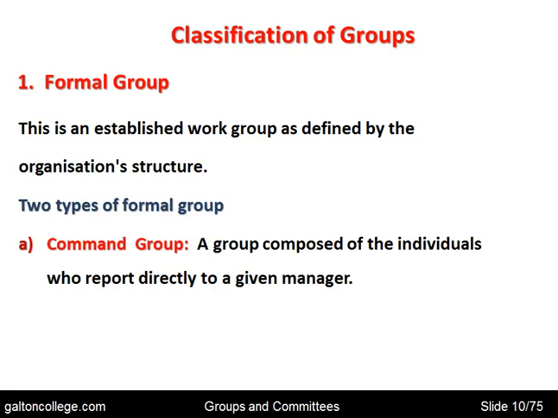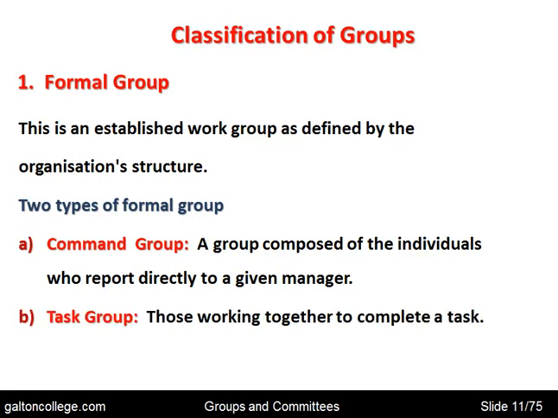There are two types of formal group. Command groups, a group composed of individuals who report directly to a given manager. So that's one type, a command group. But there's also a task group, those working together to complete a task. Again, they may report to a given manager, but the work itself may be, in a sense, quite flexible.